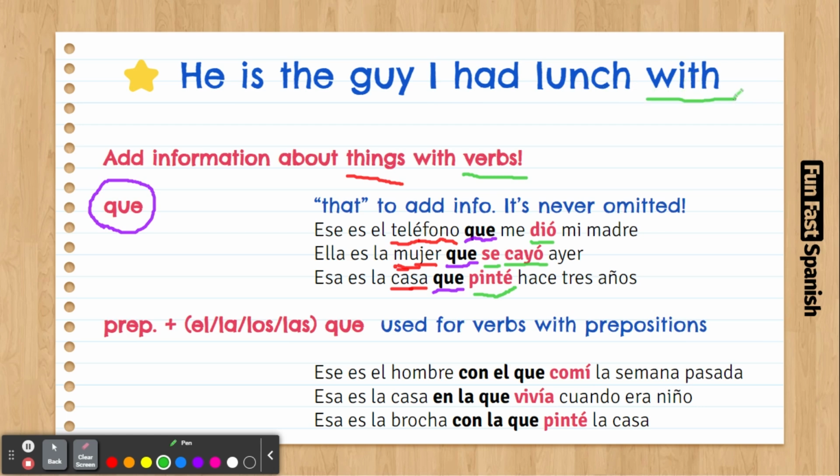This with, this is the preposition in English. It goes at the end. In Spanish, it's not the case. Oh, this is what I'm fighting for. So this for goes at the end in English, but in Spanish, it goes a little bit before. So let's have a look at some examples and let's have a look at how to use this.